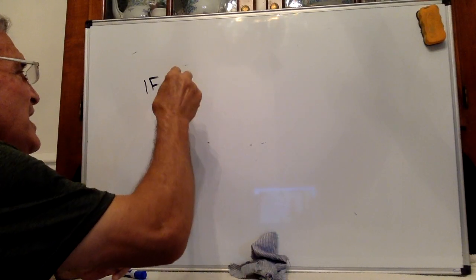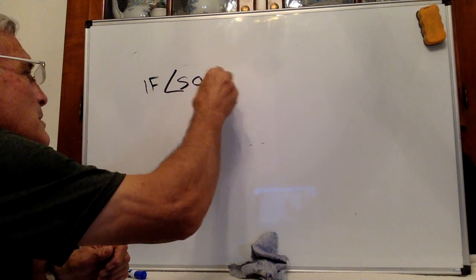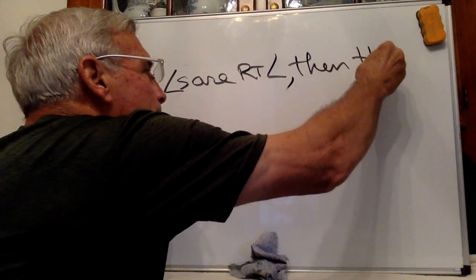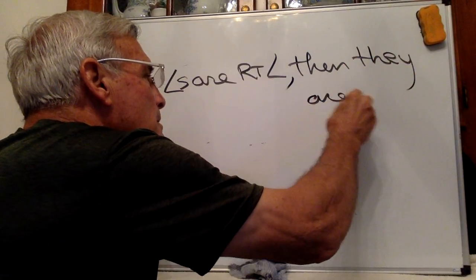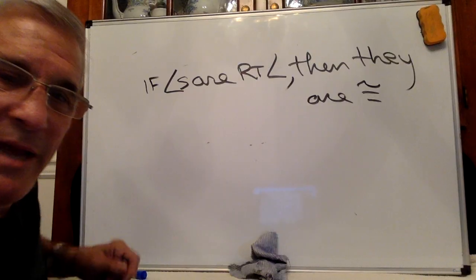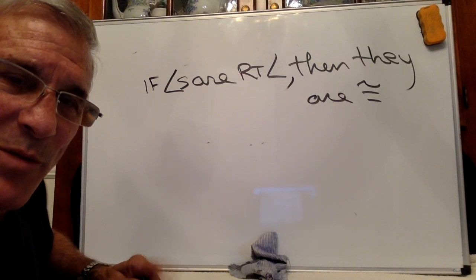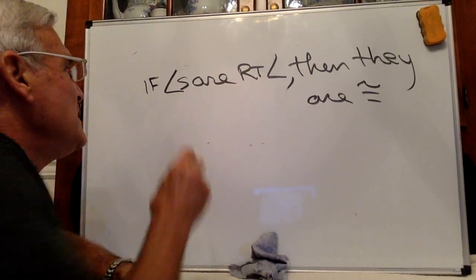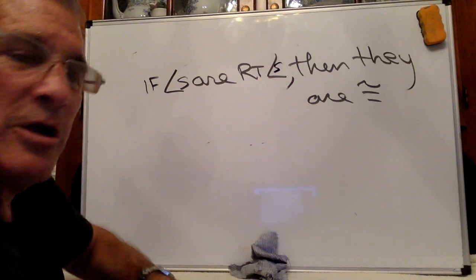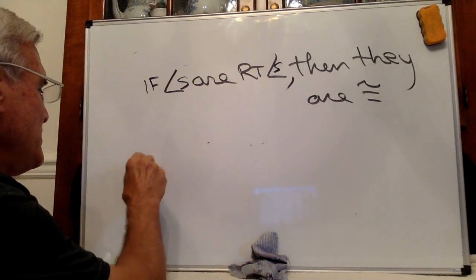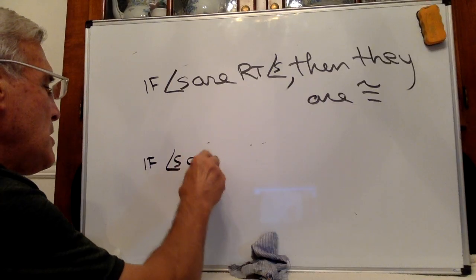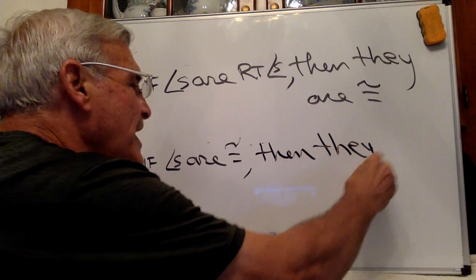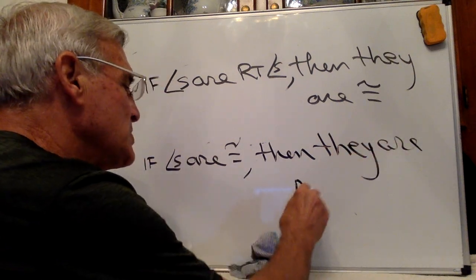We said this: if angles are right angles, then they are congruent. That was the first theorem we proved. If any two right angles are congruent. If angles are right angles, then they are congruent. If I turn that around, it becomes if angles are congruent, then they are right angles.